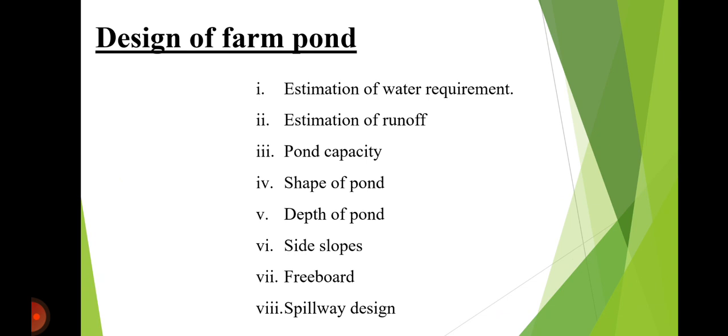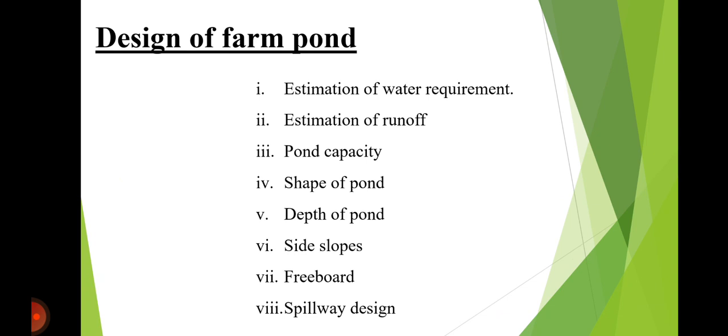So VW = AC × D. Here VW is the required storage, denoted in meter cube, AC is the irrigated area, denoted in meter square, and D is the irrigation depth, denoted in meter.